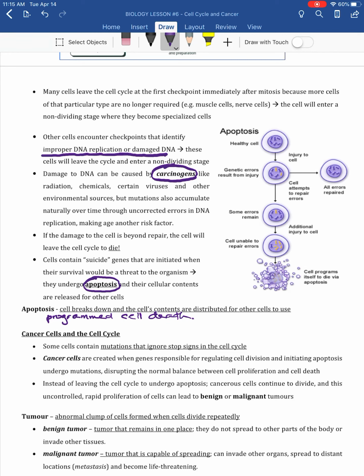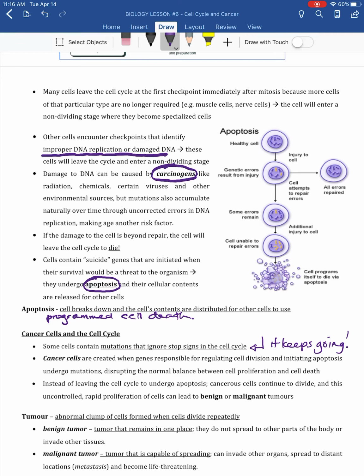However, sometimes mistakes go through, and then we've got problems, because programmed cell death didn't work, and mistakes are allowed to replicate. And in that case, we've got what we know as cancer. So some cells contain mutations that ignore stop signs in the cell signal, or cell cycle, so it keeps going even when it really should stop.